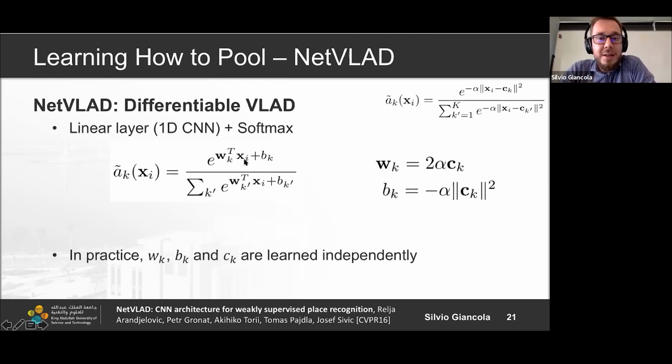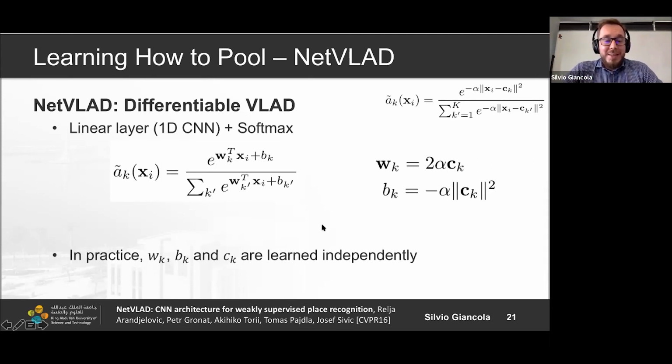That is nothing else than taking your features x_i, learning a linear layer with W_k and b_k, and then applying a softmax between those values. Okay, so by doing that, you actually have an assignment that is differentiable. It goes from 0 to 1, and basically this is the assignment to the closest clusters that you will use to represent your set.